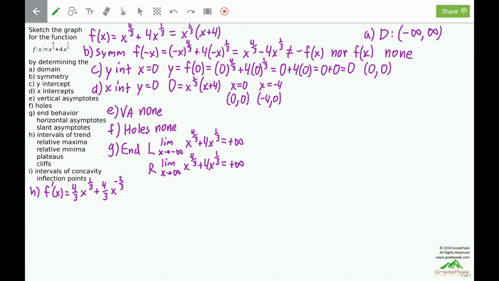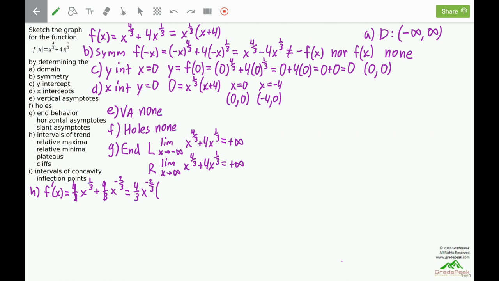We want to fully factor the first derivative. There is a common factor of a 4/3 as well as an x to the lower of the two powers, which will be the -2/3 power. Factoring out the 4/3, each of these will become a 1. Factoring out the x to the -2/3, factoring is division.